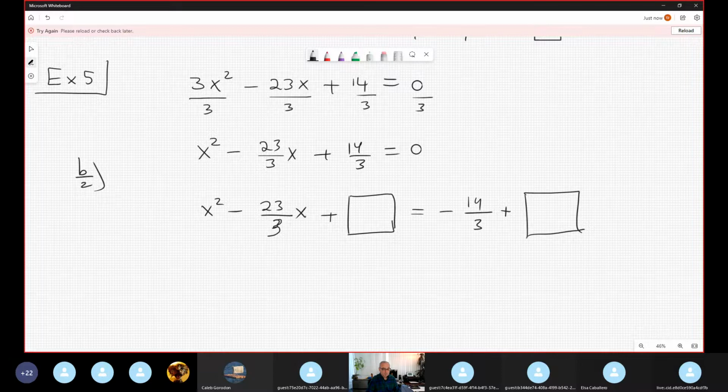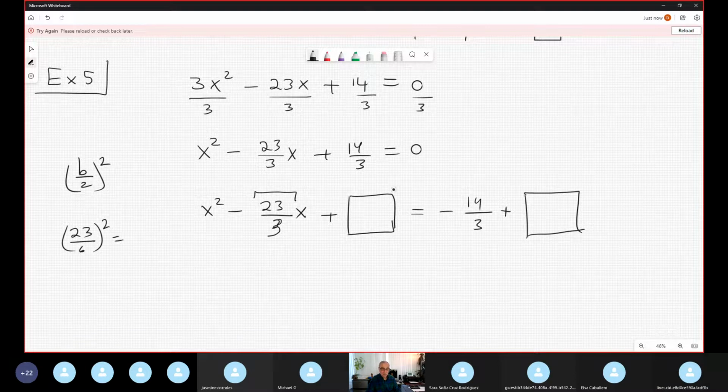You divide b by 2, and b is this guy. So 23 over 3 divided by 2 is 23 over 6. Make sense or no? It makes sense. And when you square, it's 23 squared, you put in the calculator, of course, it's 529 divided by 36. This is the magic number that completes the square. Do you follow me?